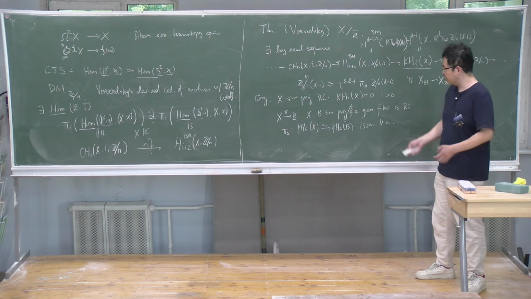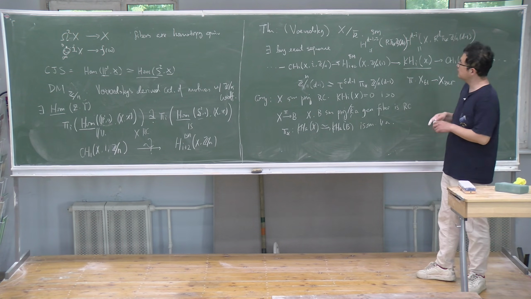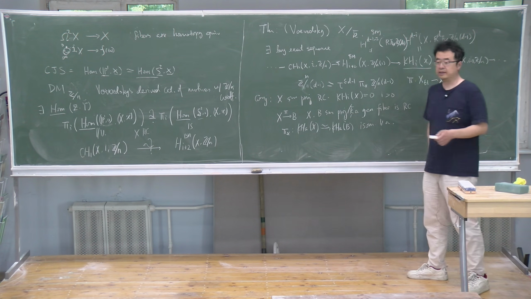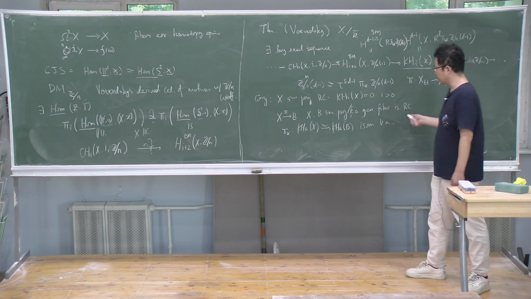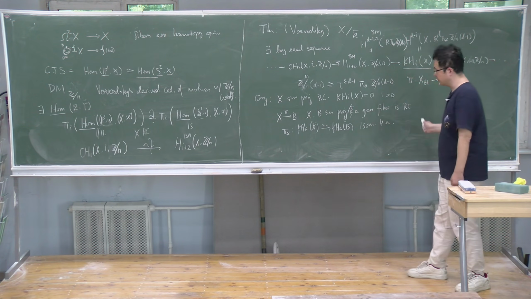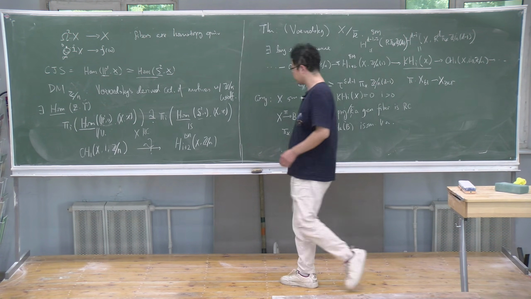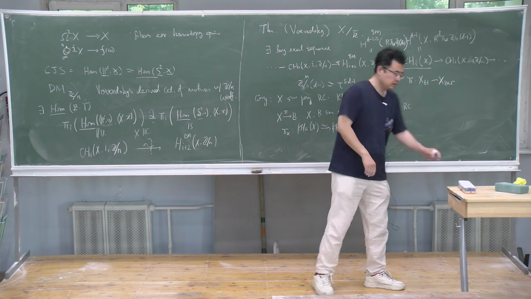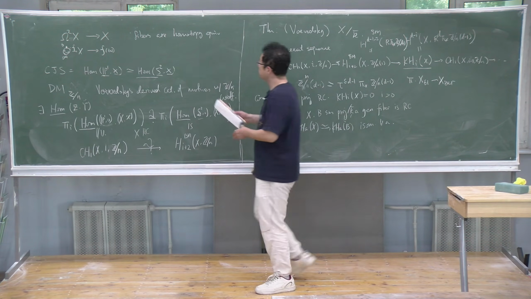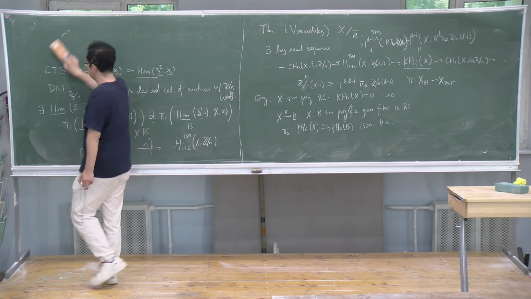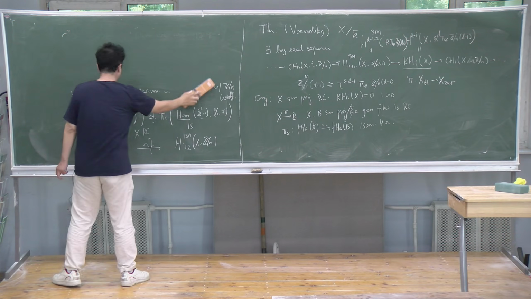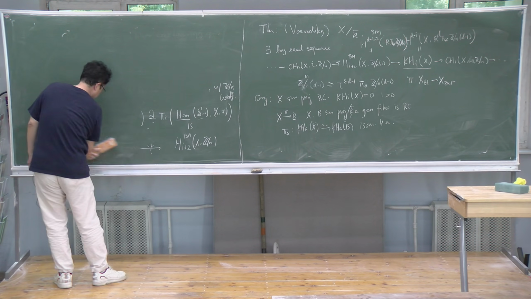I mean, if you take B to be Spec K, then this is exactly what you get here. Okay, so now you get a more general version for rationally connected fibrations. So this is the conjecture I'd like to talk about a little bit.